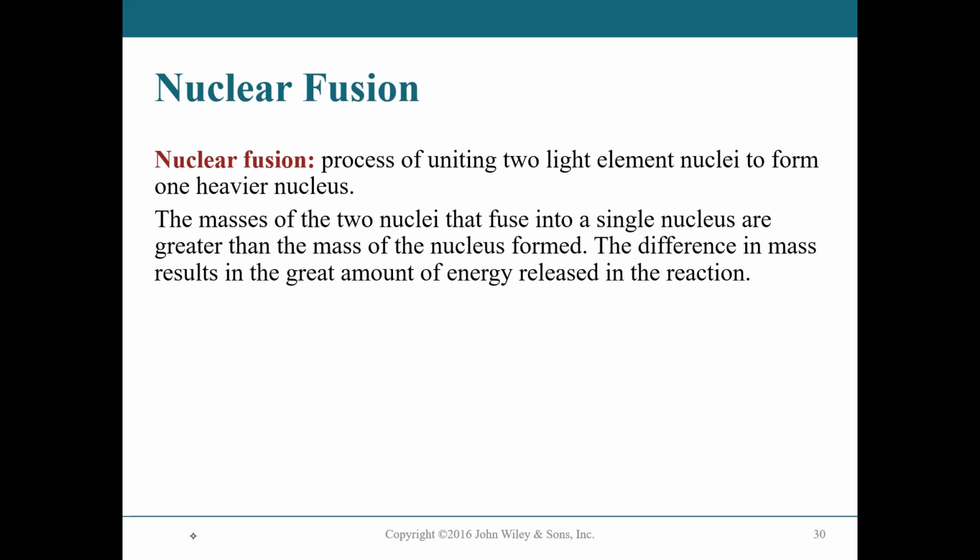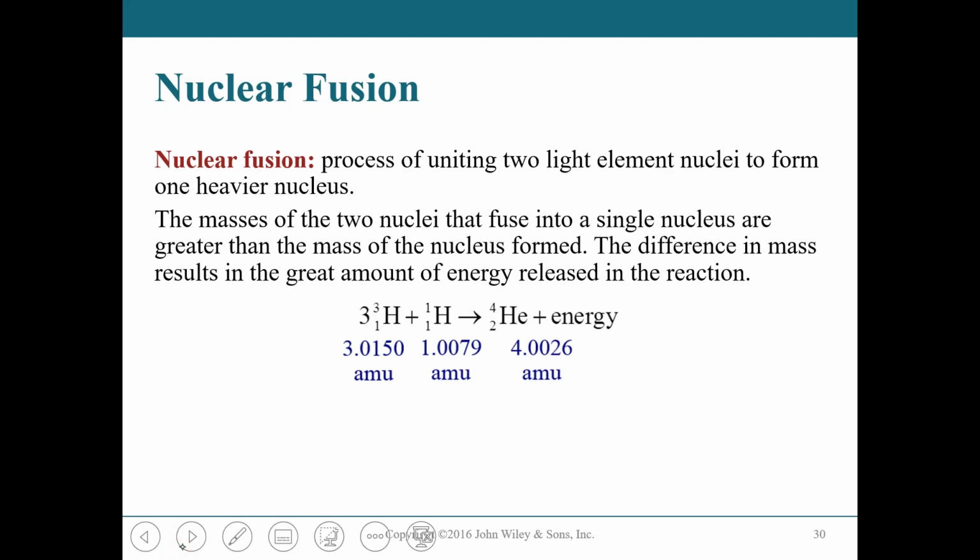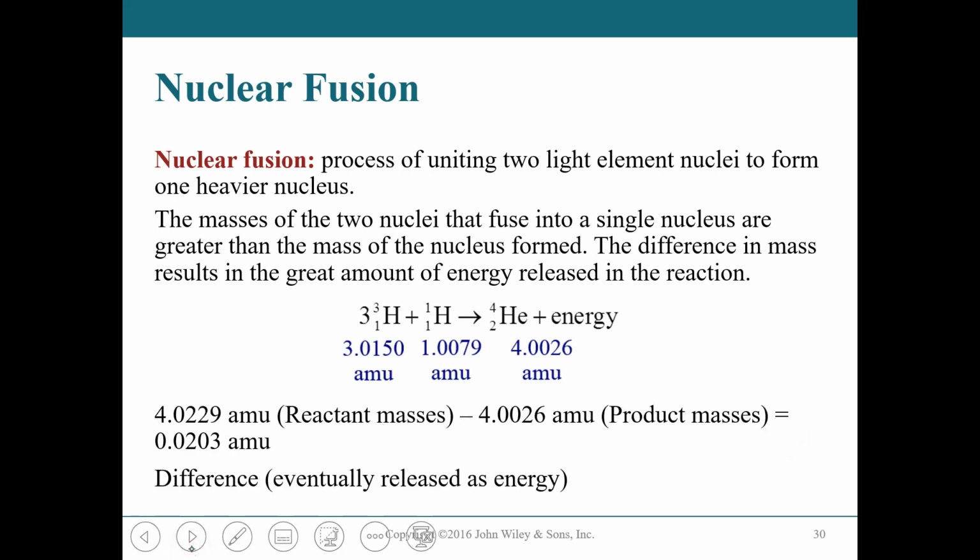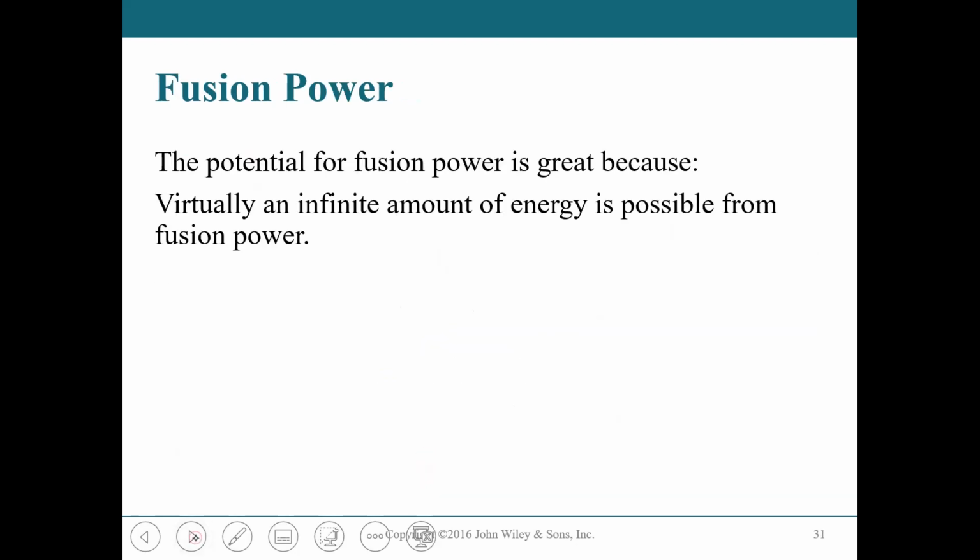That difference gives us an amount of energy that's released. So, for example, if we take hydrogen nuclei, we can get helium and some energy left over. The difference is eventually released as energy.